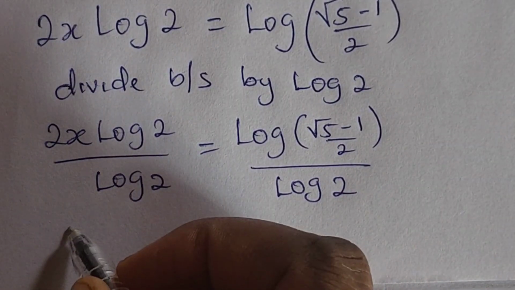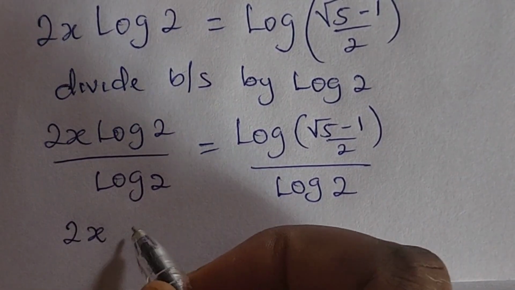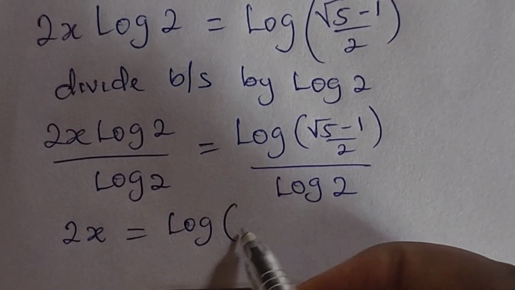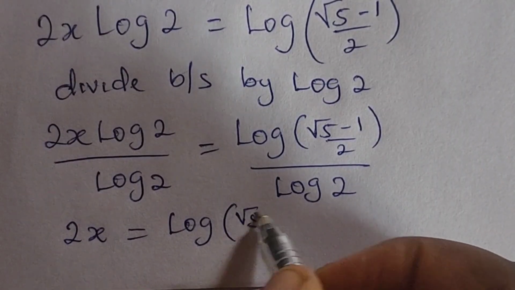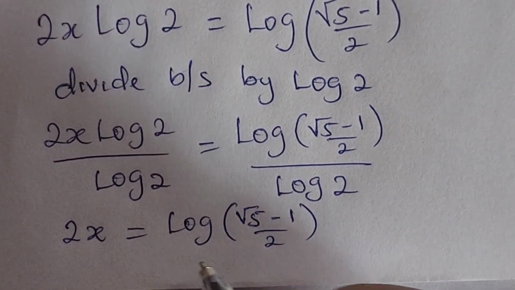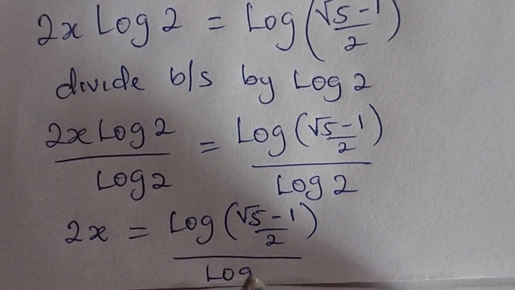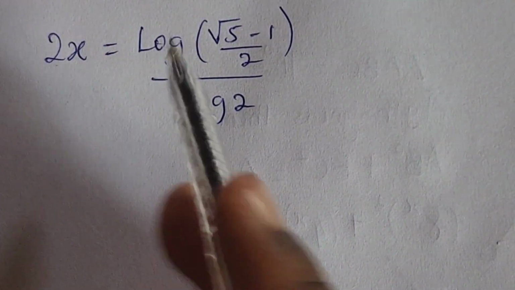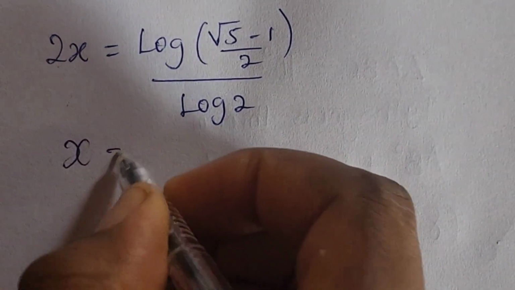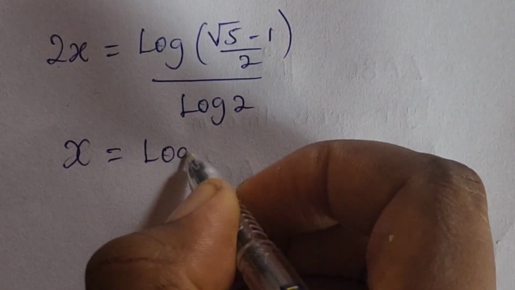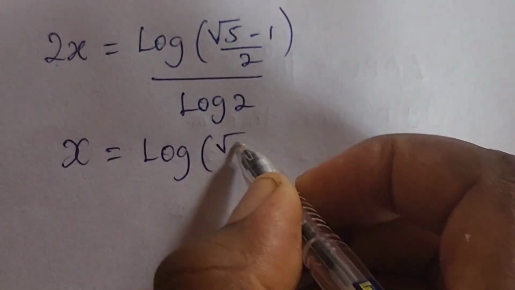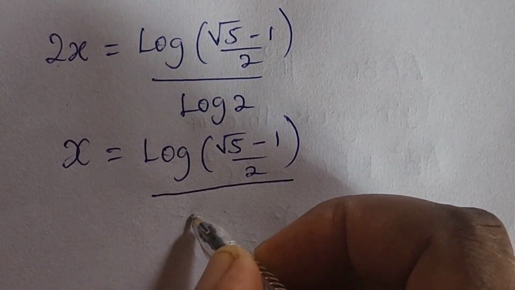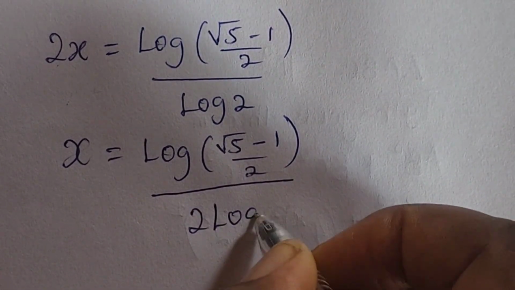So we have 2x to be equal to log of root 5 minus 1 over 2 all over log of 2. So we can further divide both sides by 2 to have x to be equal to log of root 5 minus 1 over 2 over 2 log 2.